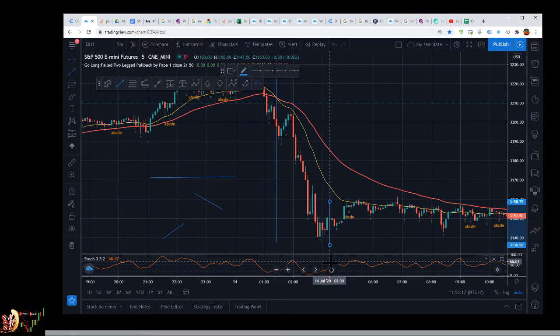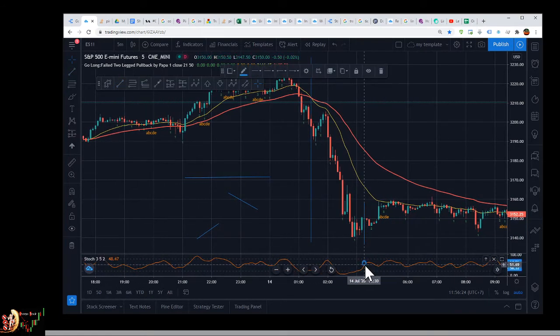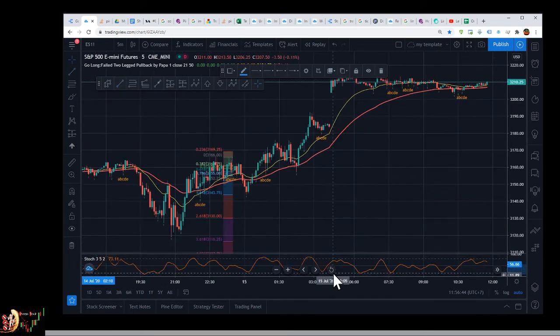I don't know. So yeah, you can see here it crossed the 50. So if the stochastic is below, I'll mark it also here, when it crosses, so it crosses over here and over here.